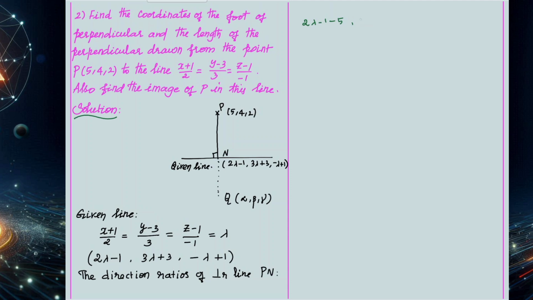So 2 lambda minus 1 minus 5, 3 lambda plus 3 minus 4, minus lambda plus 1 minus 2 will be the direction ratios of the perpendicular line PN.